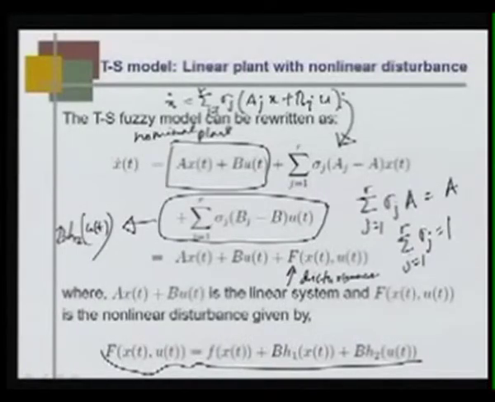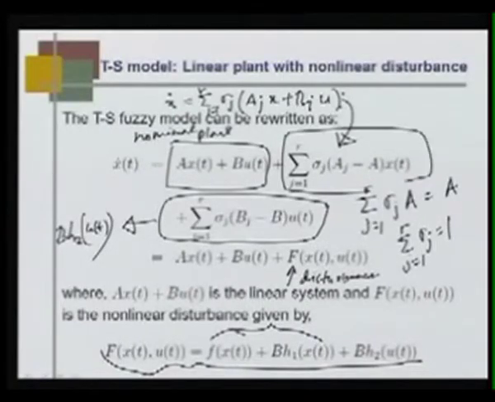You can easily see that this is a nonlinear term, and that is given by b h 2 u t. We can express that. Similarly, these two terms combined represent this one. So, if I say this is the second term, this term is represented by this.